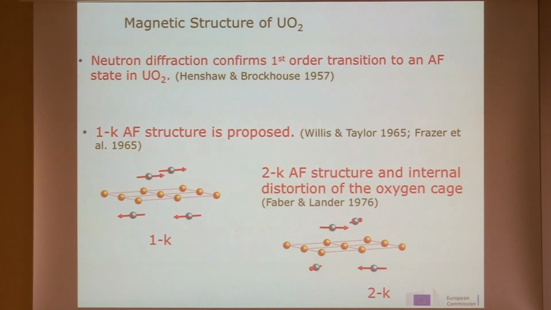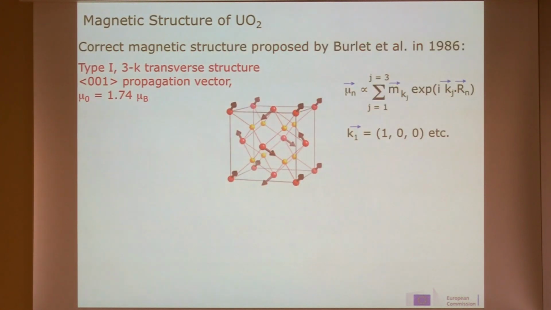And then they observed that the structure did not conform to the expectation for a single-k. They proposed a non-collinear 2-k structure with the moments in the ab plane. This was also wrong. The correct structure was suggested in 1986, and this time the solution was correct.